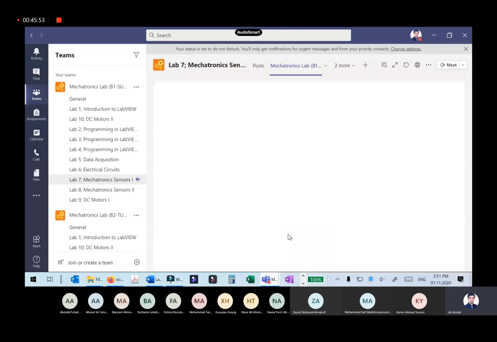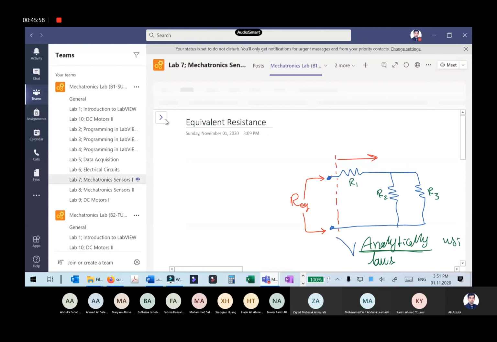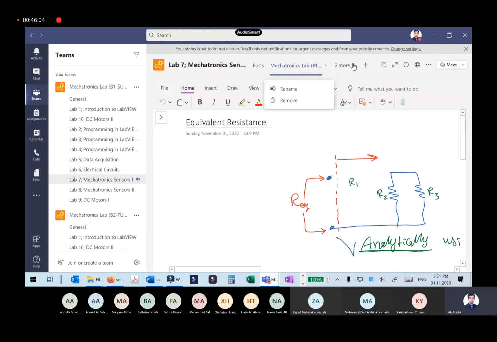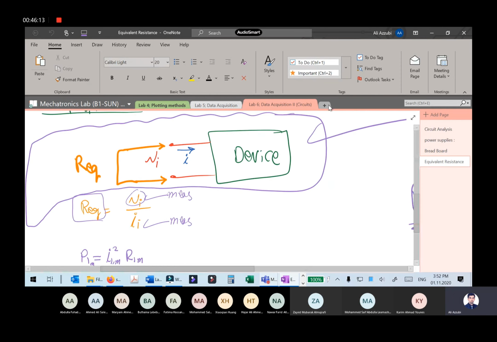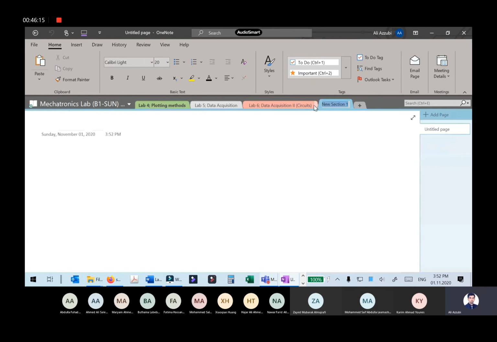Okay, let me open OneNote and start writing. This is a little slow, but fine. Alright, so I'll make it lab number 7.